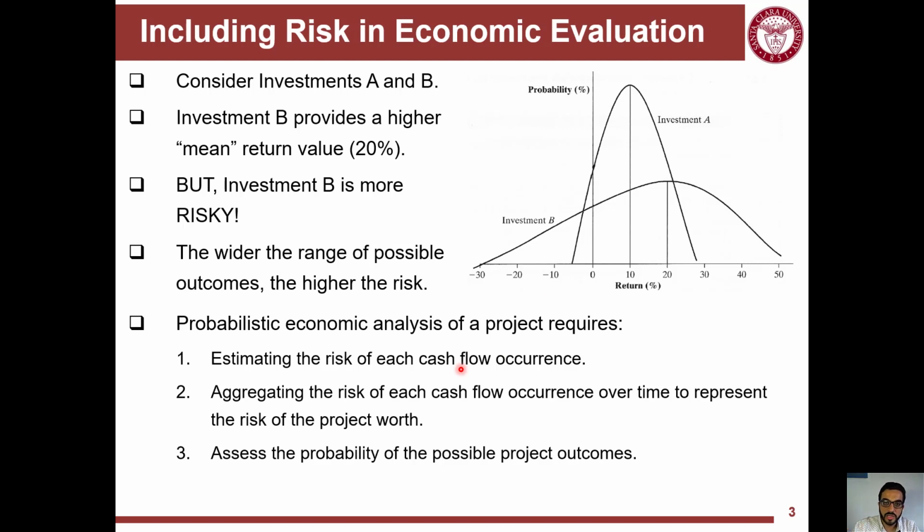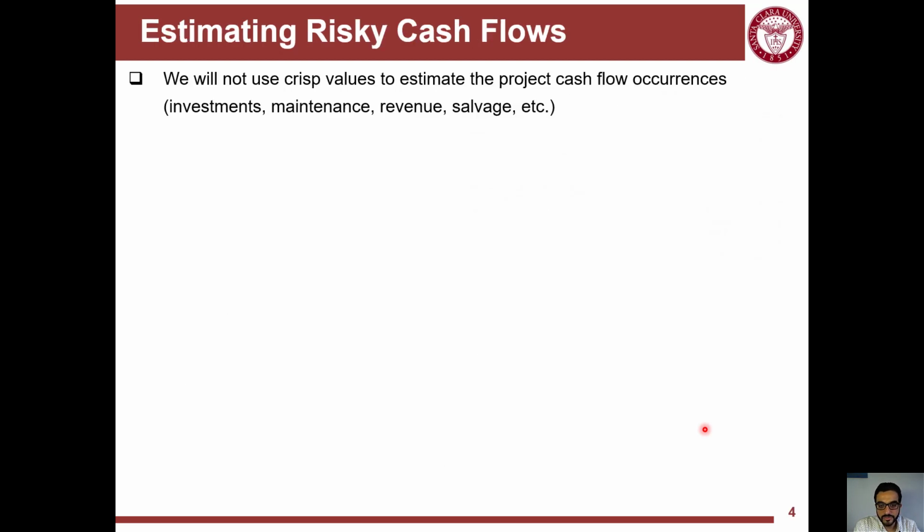Then you need to aggregate the risk of each cash flow that happens over time until you get the risk of the overall worth or value of the project. Finally, assess the probability of the possible project outcomes. So you can ask what's the possibility that I will end up with less than or equal to 0 present worth. We'll see each one of these steps in the next slides.